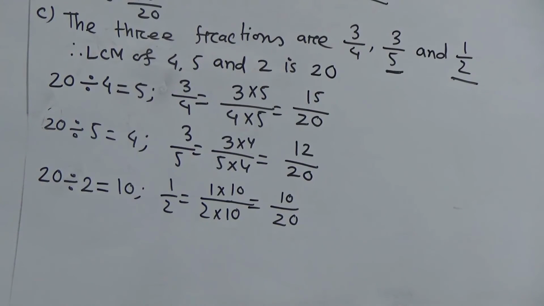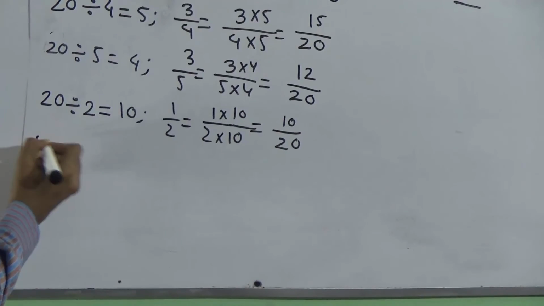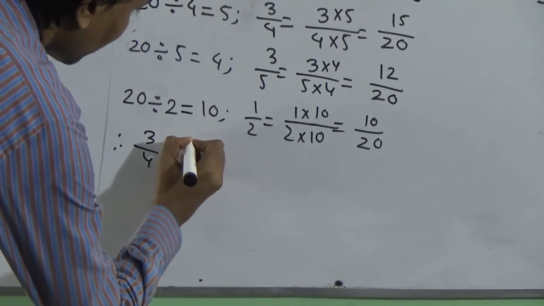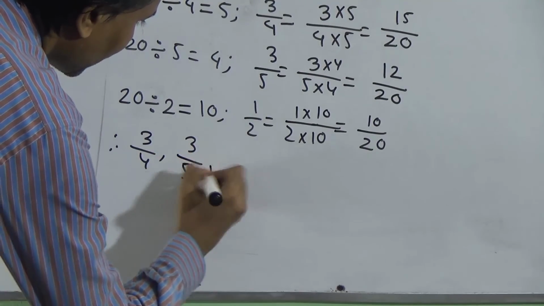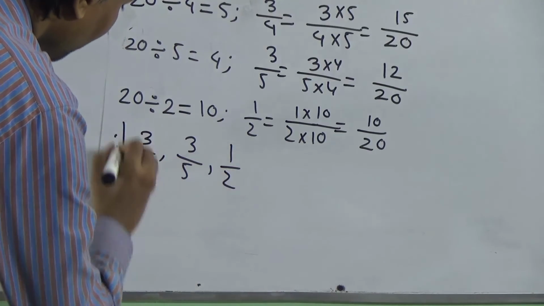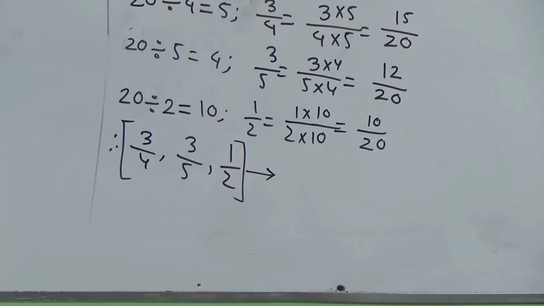Okay, now we have to write therefore 3 by 4 comma 3 by 5 comma 1 by 2, and give third bracket, give arrow sign.